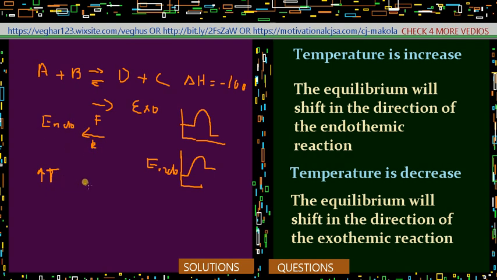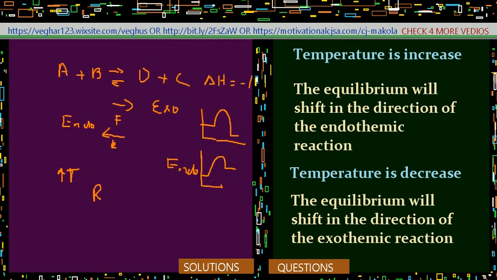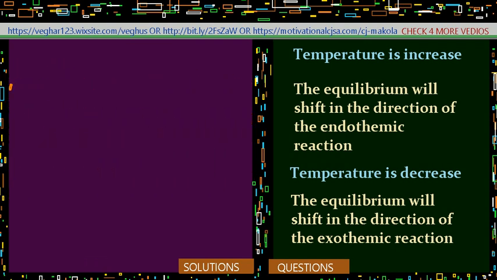Endothermic. That means the reverse reaction will be favored. So this is how we check an increase in temperature. Now let's check a decrease in temperature.